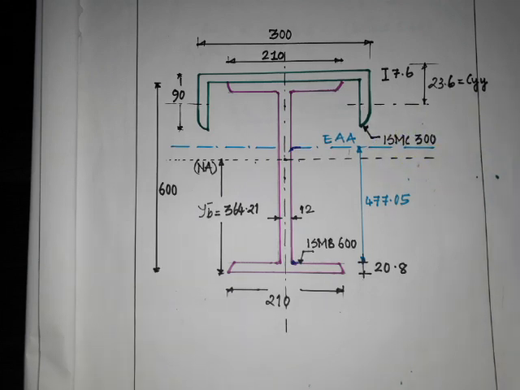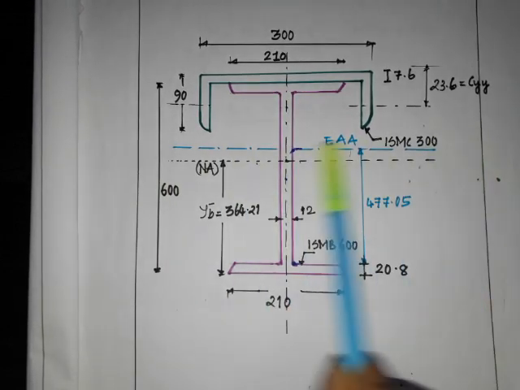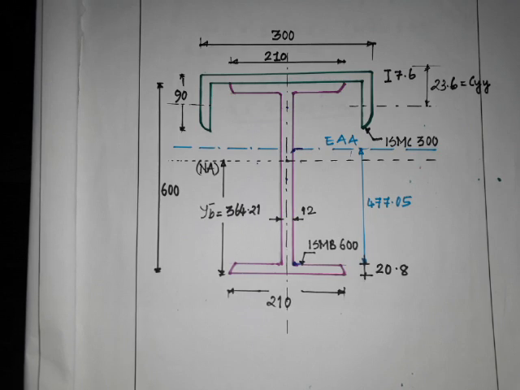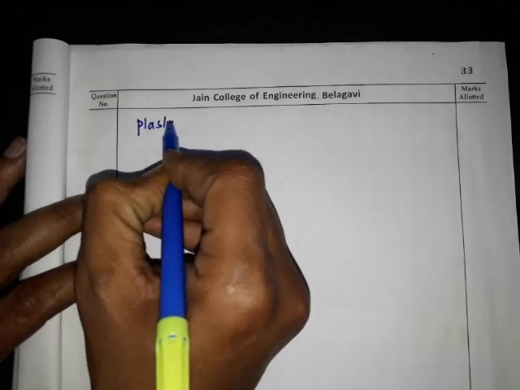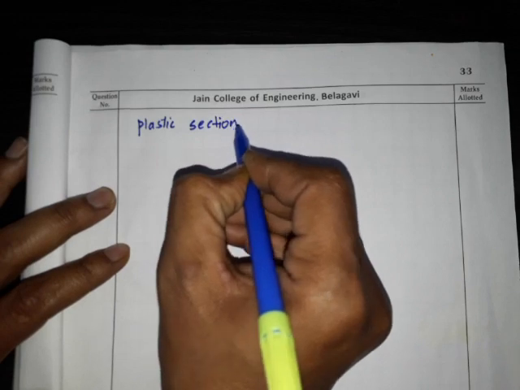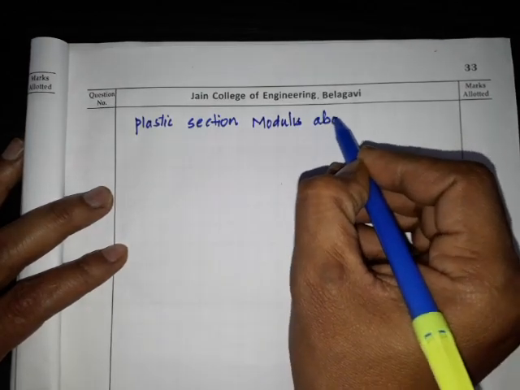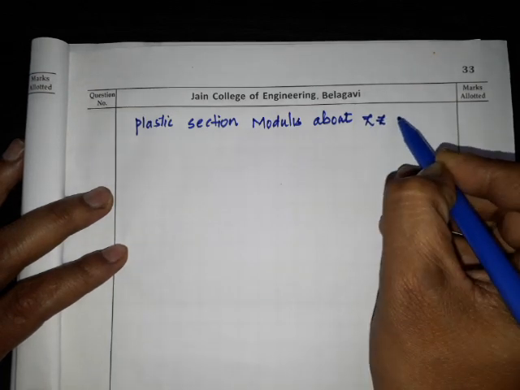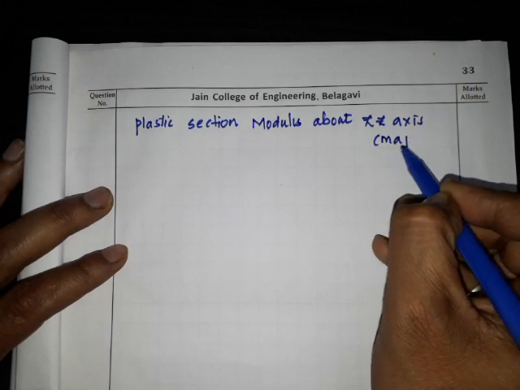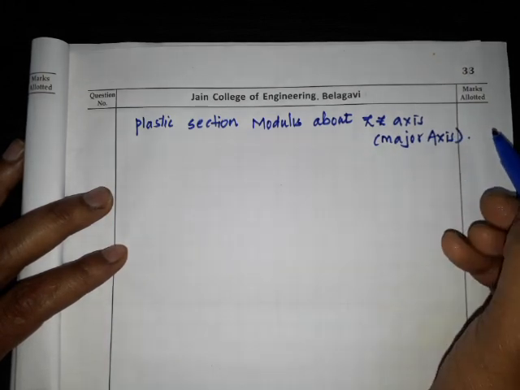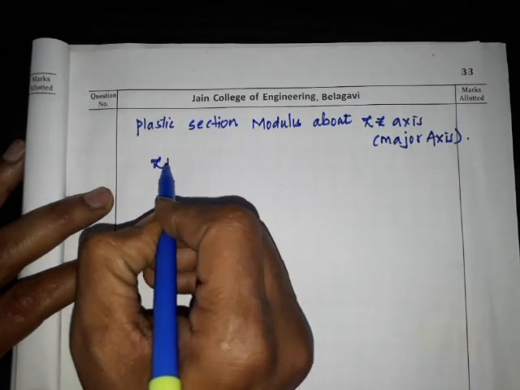In today's session, after locating the equal area axis, we will find out the plastic section modulus about the major axis, that is about the horizontal axis or ZZ axis. It is also called ZPZ.